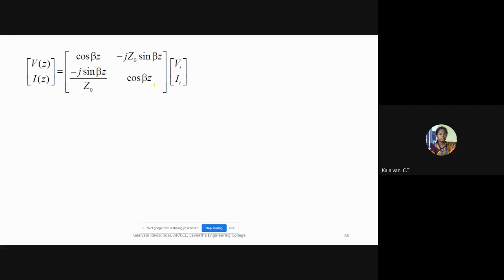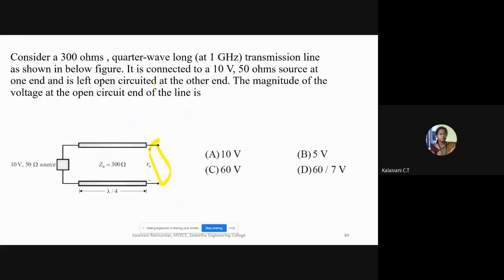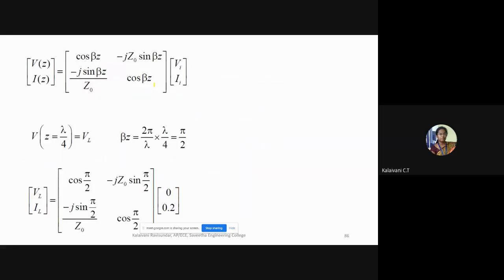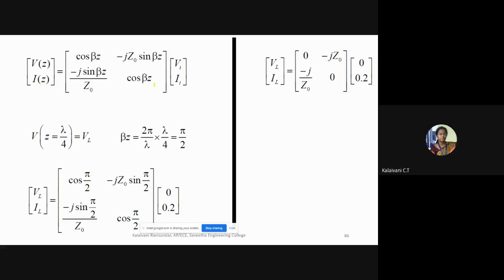In the open circuited end, the voltage is 0. The current is calculated by voltage by impedance, so we get 0.2. That is, the input voltage divided by the impedance is 0.2.